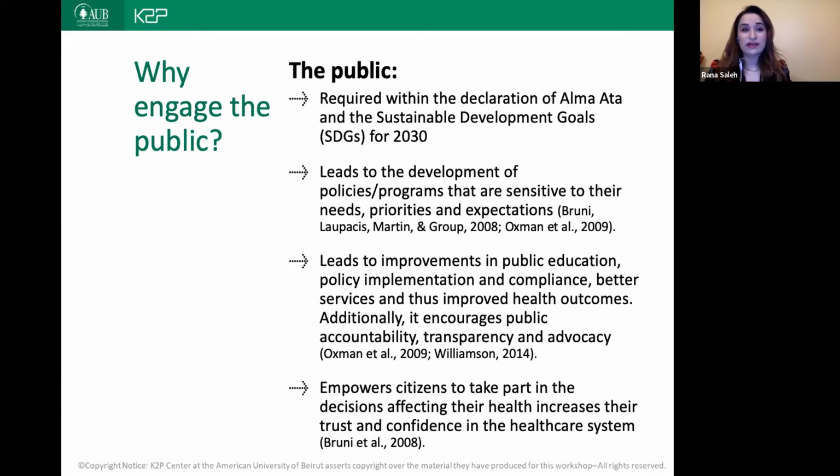Because it has definitely been shown in evidence that it leads to the development of policies and programs that are sensitive to their needs and priorities. It will improve public education and also policy implementation and compliance. And it can enhance accountability and transparency, and also empower citizens.